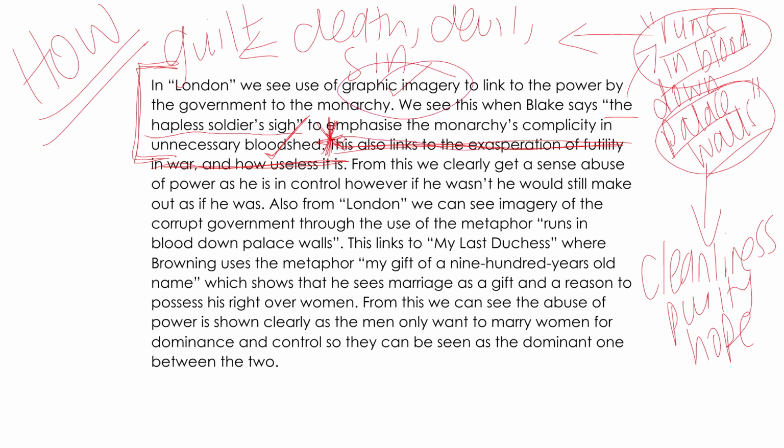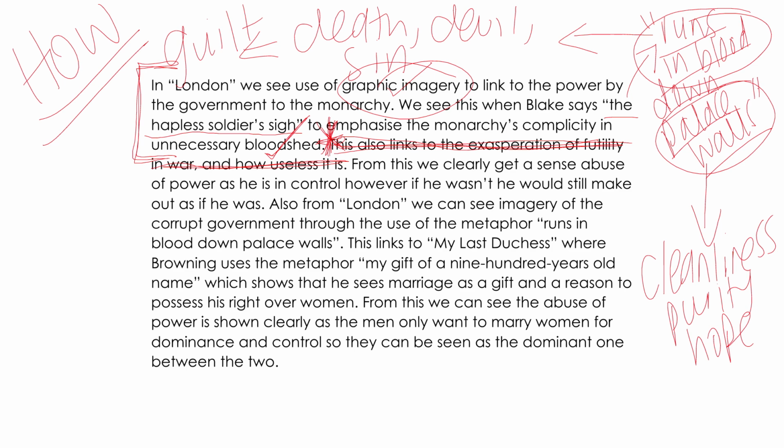Okay. Another change that we could make is also just to make sure that our link makes sense. So I need to consider, is there anything to suggest that the monarchy has complicity in unnecessary bloodshed?